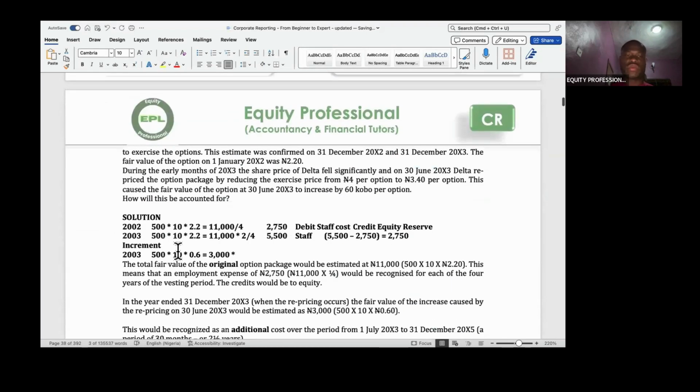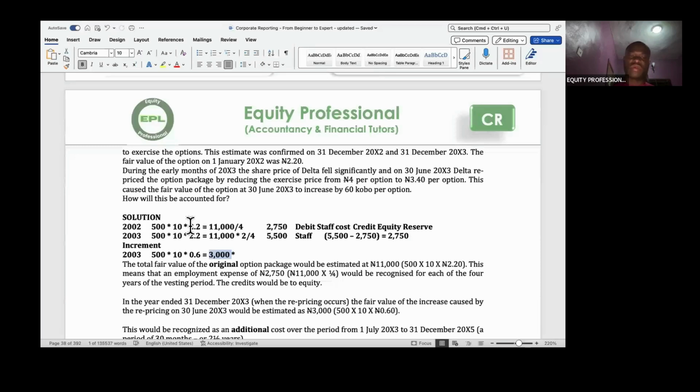Since we are dealing with the increments separately, the increment started from June 2003, where there was an increase in the fair value of the option. So this 3,000, we are going to spread it over from June 2003 to December 2005.